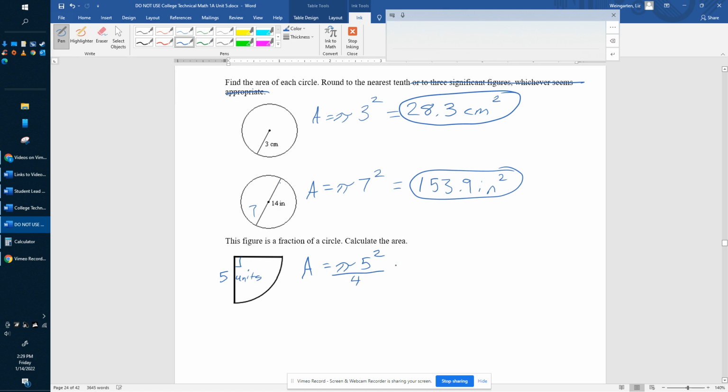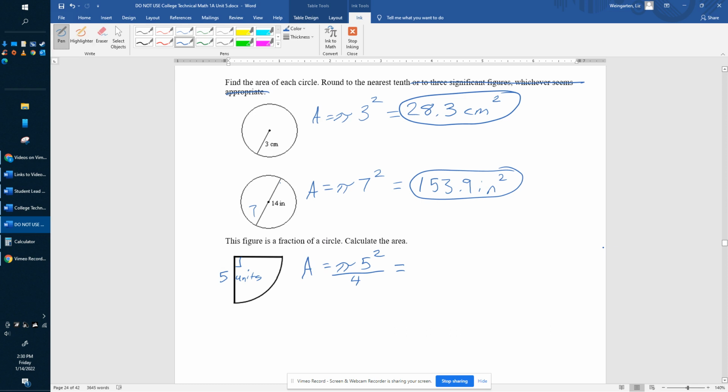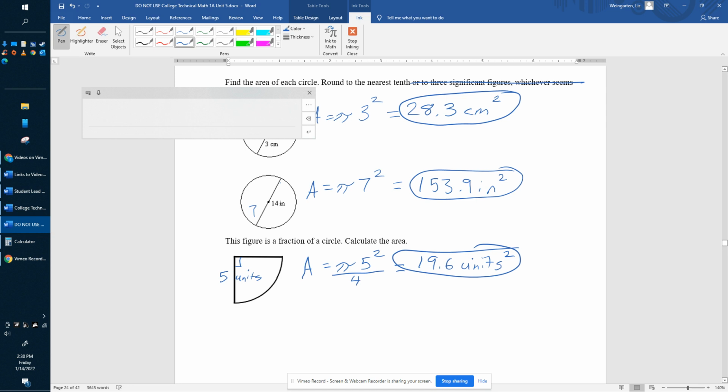So let's see what we get. 25 times pi divided by 4, we get 19.6 units squared. So even if they don't give you a unit, you would still say units squared.